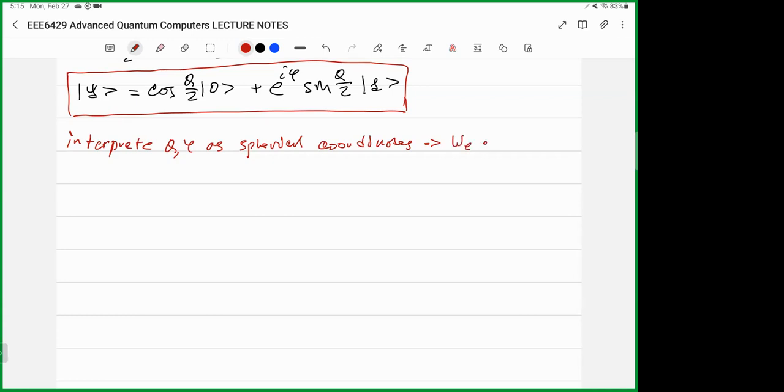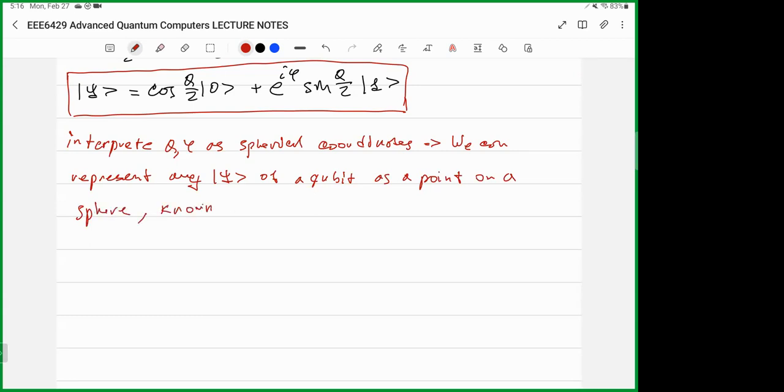So we can represent any psi of a qubit as a vector in this three-dimensional space, or as a point on a sphere known as the Bloch sphere.